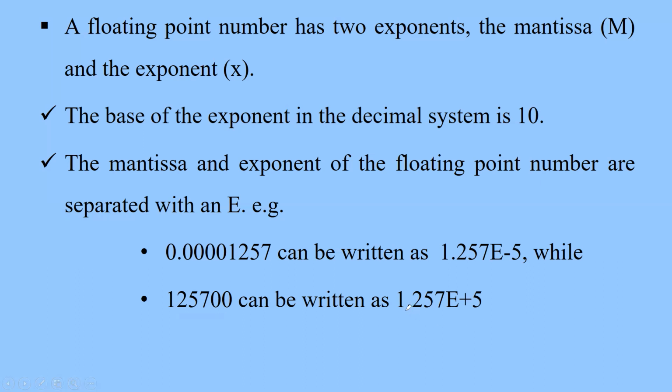Therefore, it will read as 1.257 times 10 raised to power +5. Whenever a number is positive, you don't need to put the positive sign. So it is 1.257 times 10 raised to the power 5.